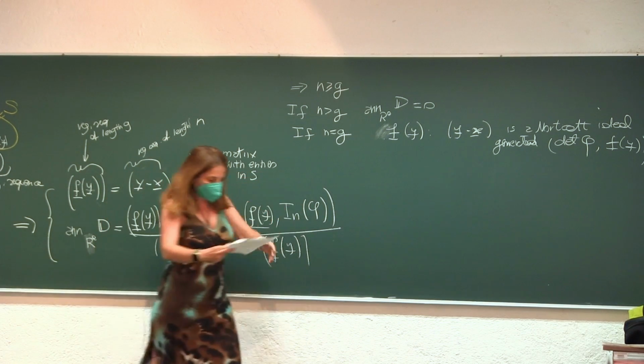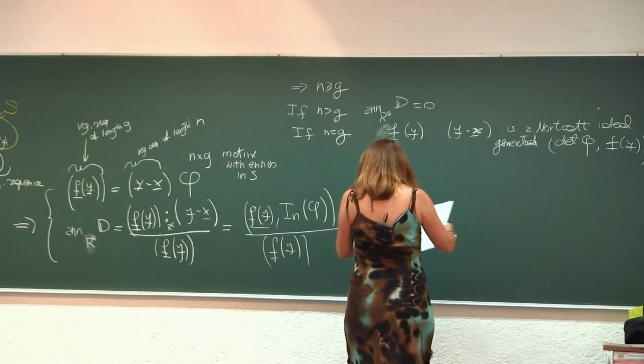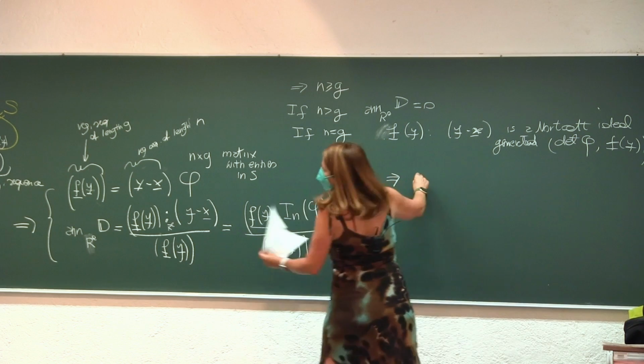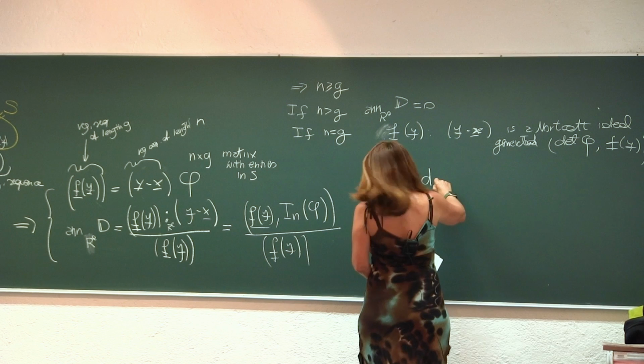So in general, this tells us that this annihilator is simply this. So what if I need to look at this image in R? If you look at the image in R, this will just be generated by the image of this guy.